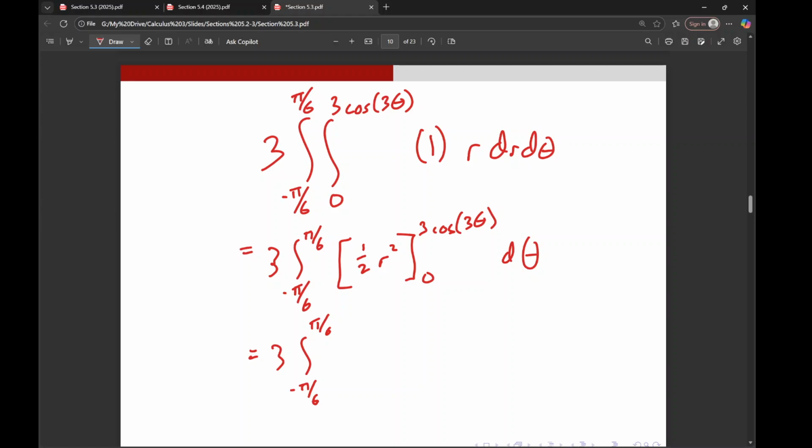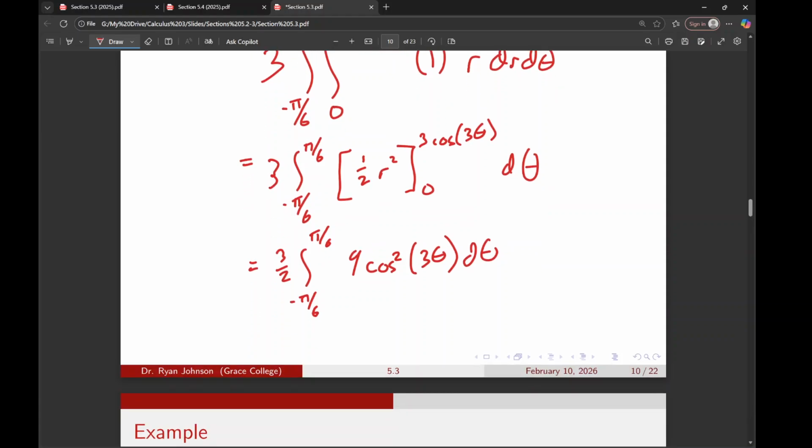Let's move that 1/2 outside the integral. And then r squared becomes 9 cosine squared 3 theta d theta. So again, we've got a cosine squared. From here on out, it's kind of boring because you just use cosine squared theta equals 1 plus cosine 2 theta all over 2, and you're good to go.